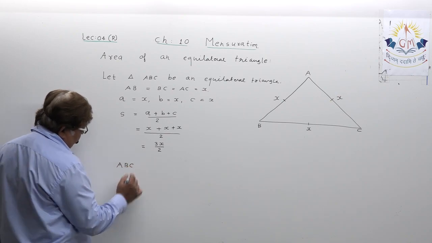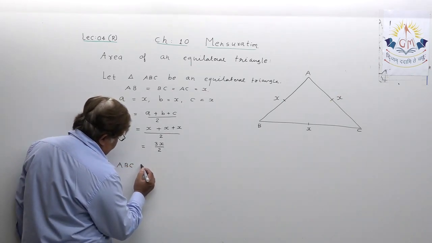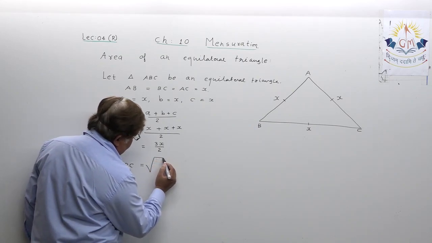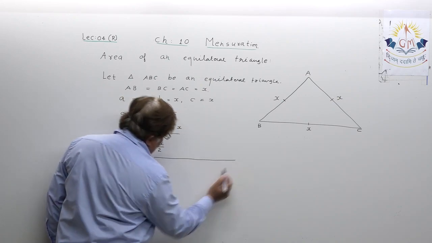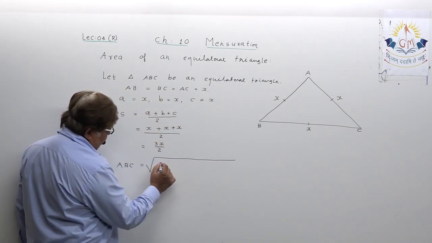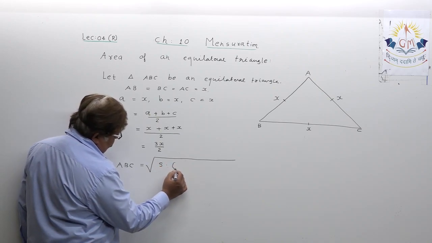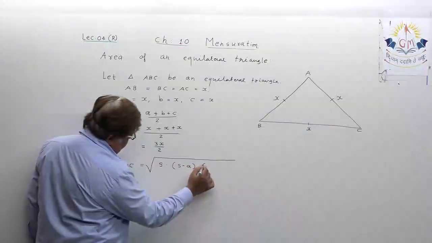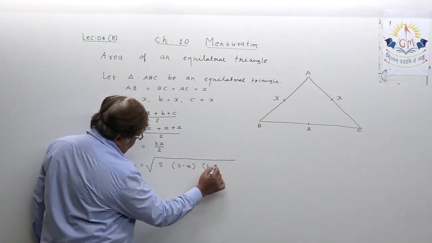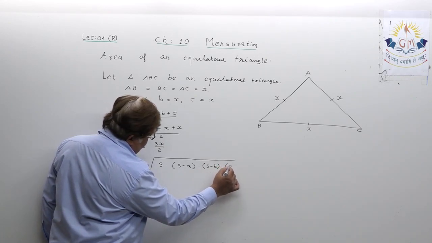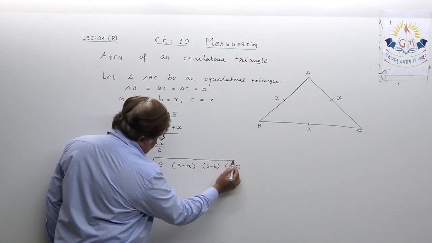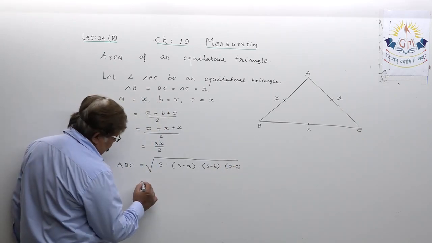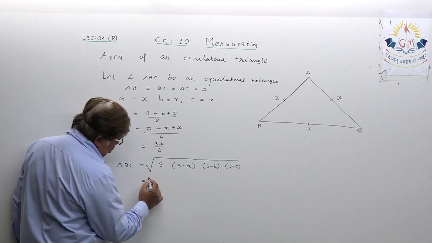Area of triangle ABC equals, you can write this way, under root S into S minus a, please note down, S minus b, S minus c. Okay, let us substitute the values.